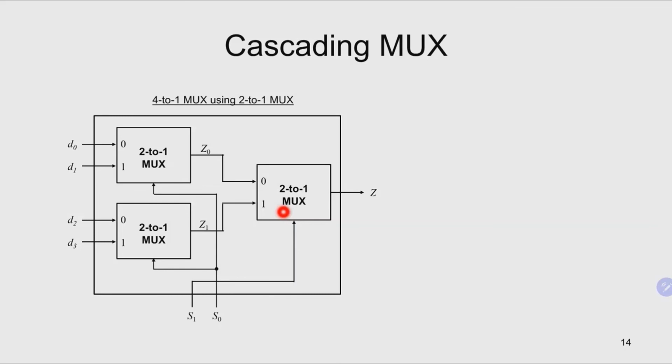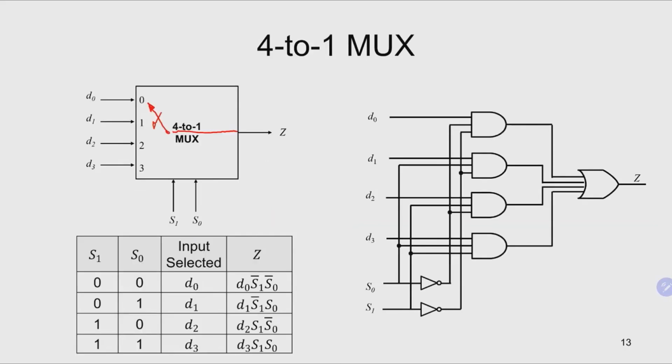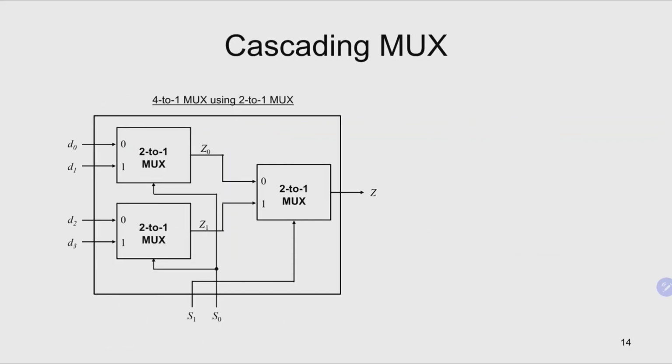What I'm showing here is just to give you an idea that you can combine different blocks of combinational circuits to achieve something else. In this example, I'm showing that if I have a 2-to-1 multiplexer, I can combine them to build a 4-to-1.